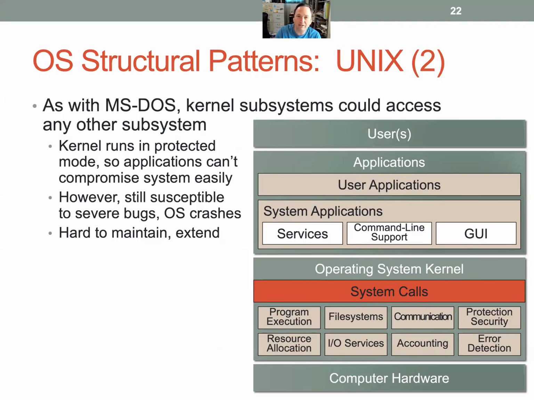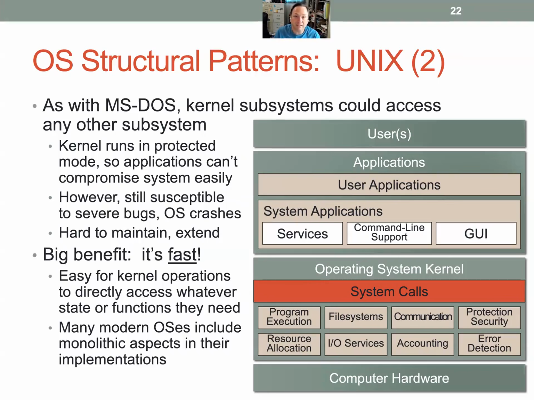There are variations on the monolithic kernel approach that people now take, and we'll talk a little bit about this. The reason why we still like it so much is that monolithic kernels are fast. When you don't have abstractions, anything can talk to anything, anything can access anything. It turns out that that's super fast. And so that's why people still really like this kind of approach.